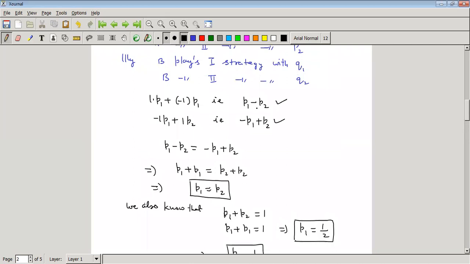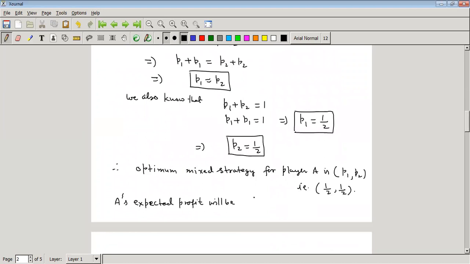So let us put in P1 minus P2. P1 minus P2, that is 1/2 minus 1/2. So A's expected profit is 0. Okay.